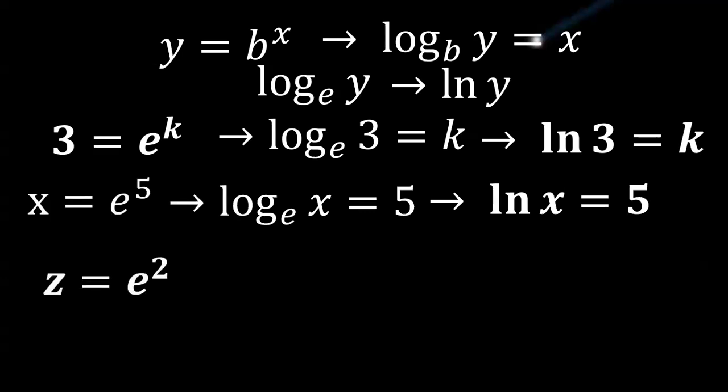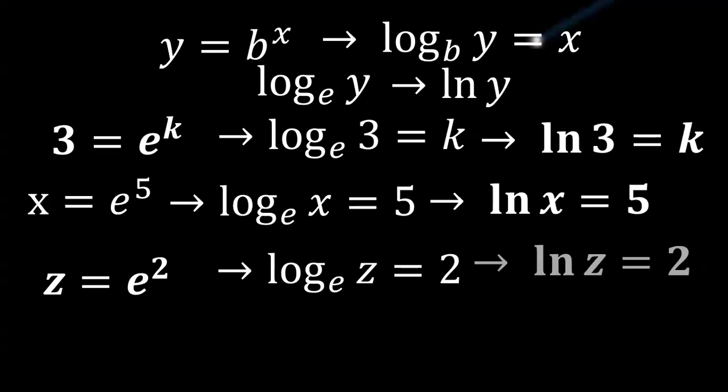Next example, z is equal to e squared. We can rewrite it as the logarithm of z to the base e is equal to 2, and a logarithm to the base e is a natural logarithm. So that's ln of z is equal to 2. Any questions?